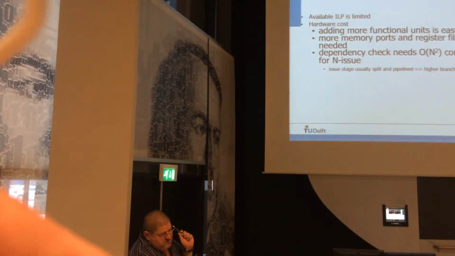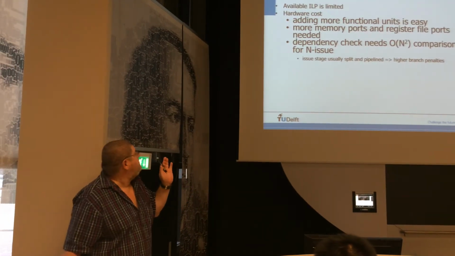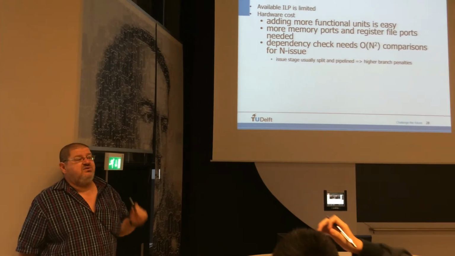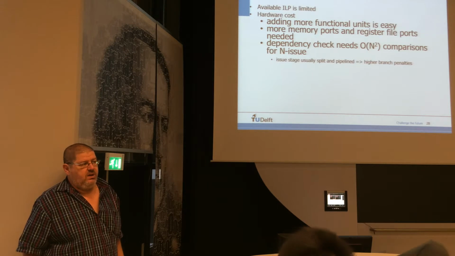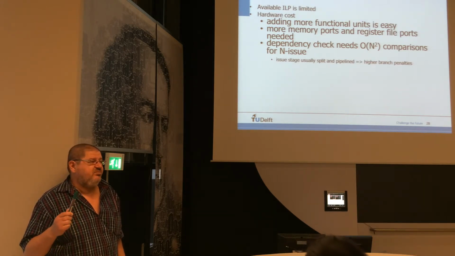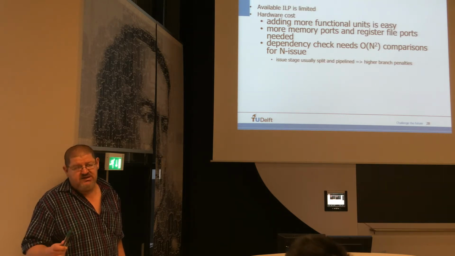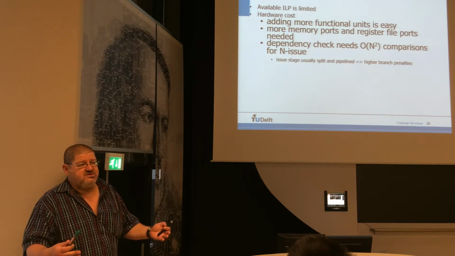There are some limitations of these multiple issue processors. I can put as many functional units as I want, ideally. But there are two things. One is that the available instruction level parallelism in programs is limited, and I have to expose a lot of this to the processor.